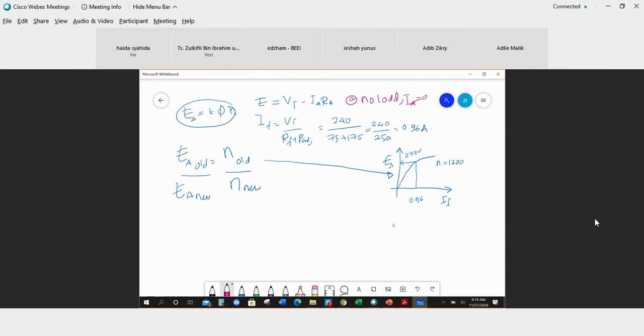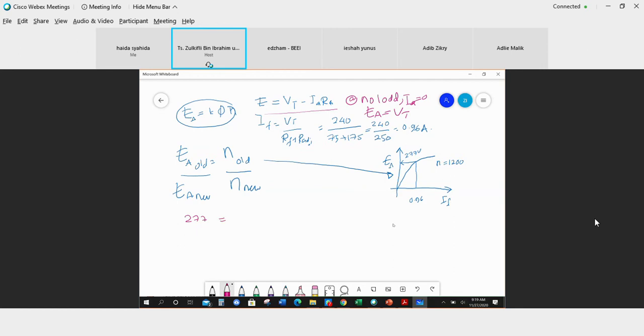So in the no load condition, your EA is equal to VT from this.